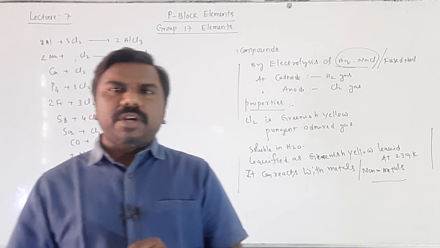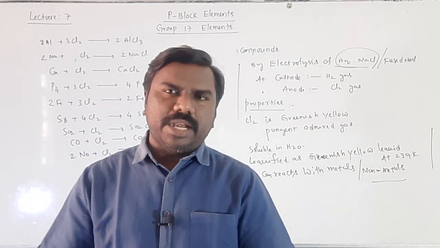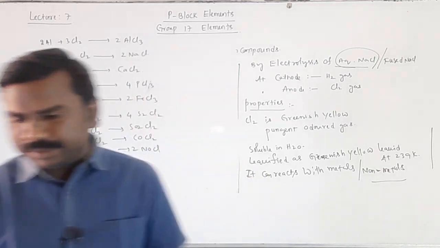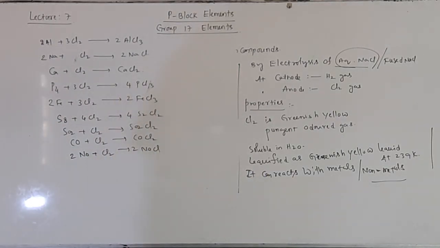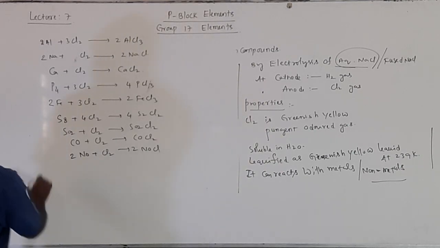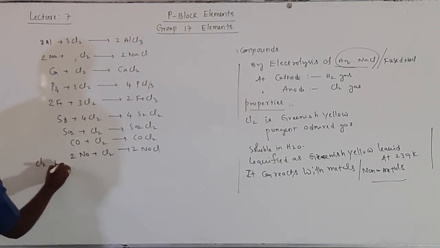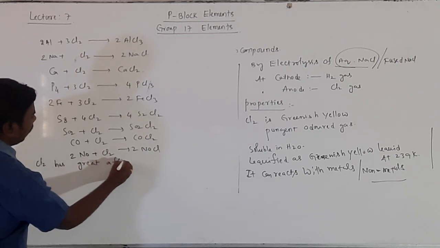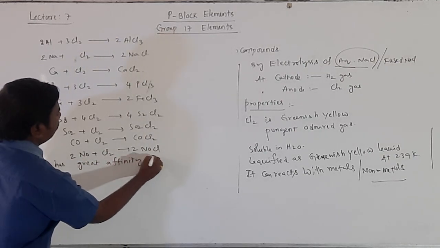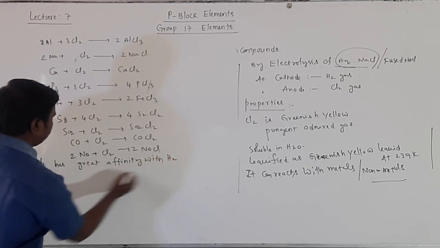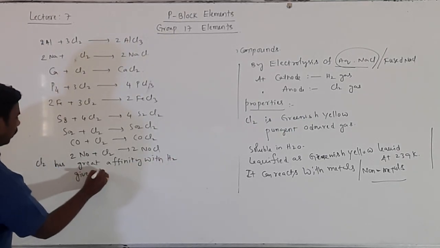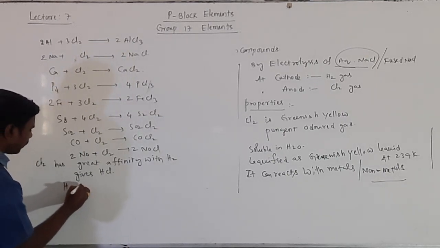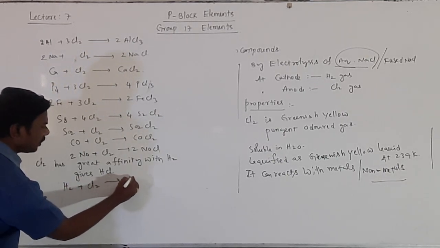There is a great affinity between chlorine and hydrogen, so hydrogen chloride will be formed, right? H2 plus Cl2 gives rise to 2HCl.